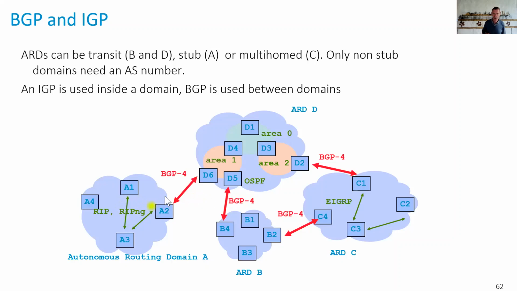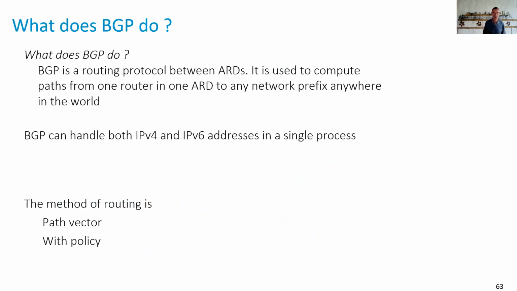And as I'm showing here, you can have whatever routing protocol you want in your domain. That doesn't play a role, but between domains, you must use BGP, and the current version is version 4. BGP handles both IPv4 and IPv6, and it is used to compute paths from one router in one domain to any network prefix anywhere in the world, using the method of path vector.